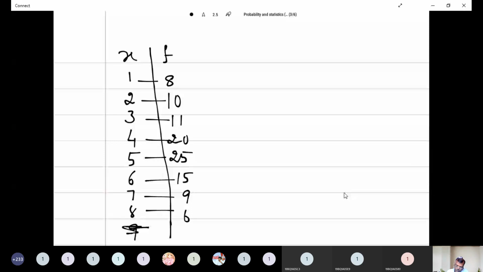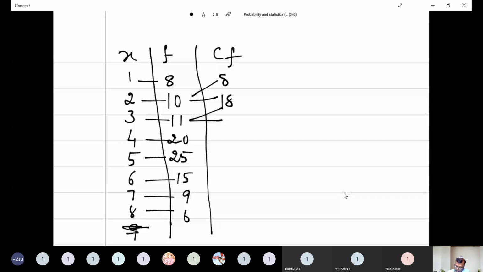Now we can find the cumulative frequencies of less than type. Less than type means the starting value is 8. Adding the next value, 18. Adding the next, that is equal to 29. Then adding the next, 49.